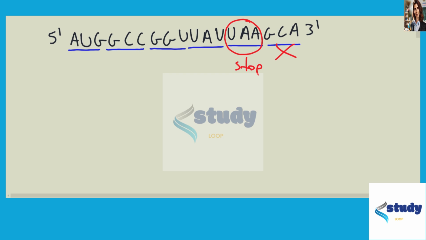Let's just look at the mRNA level here and figure out what choices we can eliminate. Well, we can eliminate choice C because it includes T's, and that's wrong. Let's see if any other choice can be eliminated. Doesn't look like it.